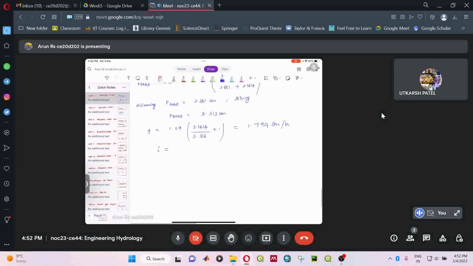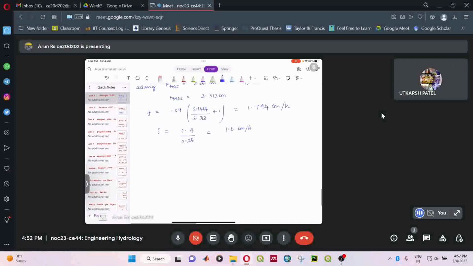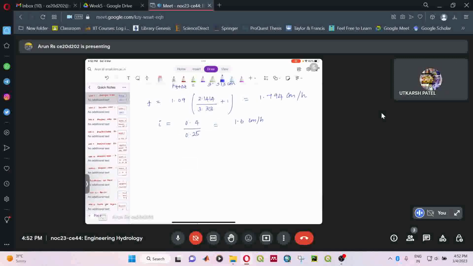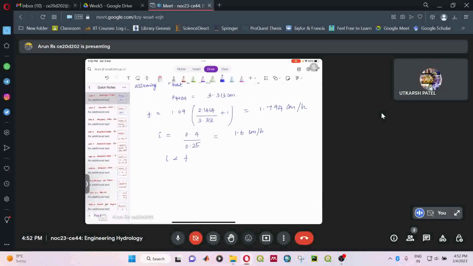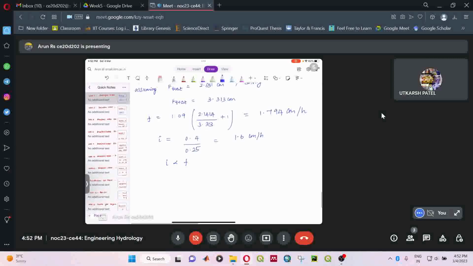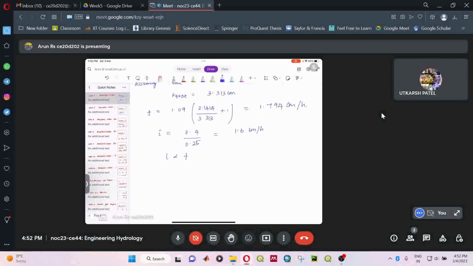In this time interval, one more thing is there. Your rainfall intensity is 0.4 by 0.25, which is 1.6 centimeter per hour. So your rainfall intensity is less than the infiltration rate, so whatever value we find for this current time step will not follow the Green-Ampt infiltration equation.